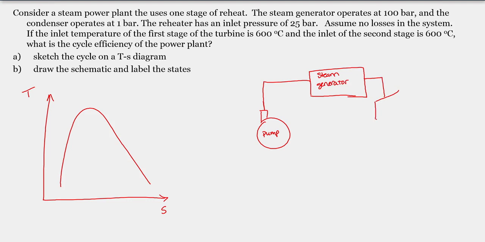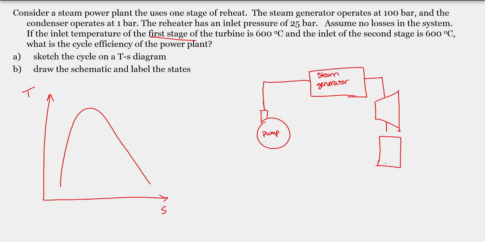We're going to enter the turbine, and we're told specifically that we have 2 stages of turbine. So the first stage, we're given information, and then the steam goes into a reheater, which is modeled as a heat exchanger. And again, I'm going to show these in series, even though the turbine stages will be on the same shaft.